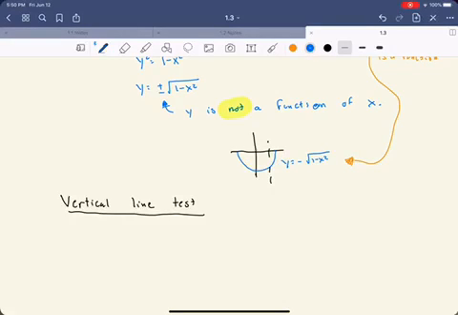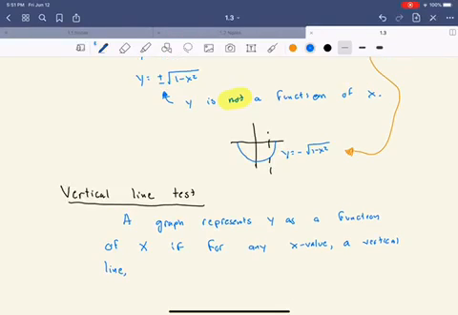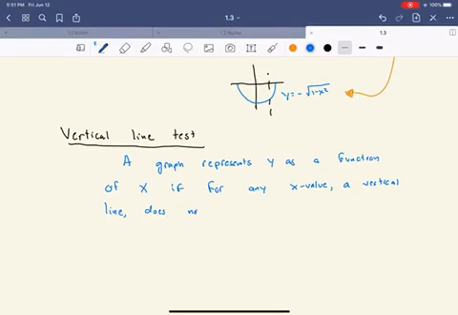What the vertical line test says is a graph represents a function, and I should say y as a function of x, if for any x value a vertical line does not cross the graph more than once.